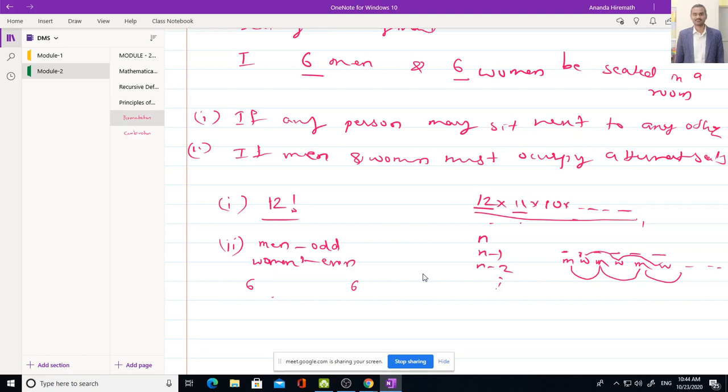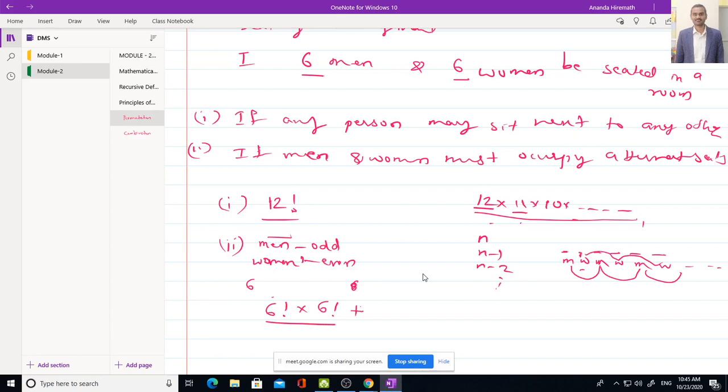They are alternate, but there are 6 positions. So we have 6 factorial ways to arrange the men. Now for every such arrangement, we have 6 factorial ways to arrange the women. So the required answer as of now is 6 factorial into 6 factorial.